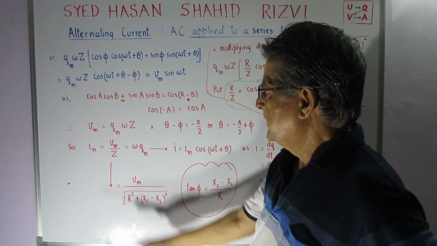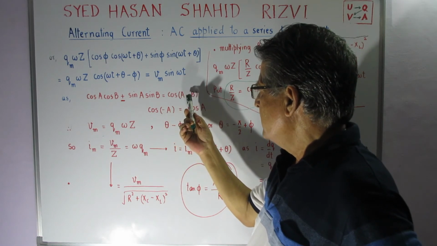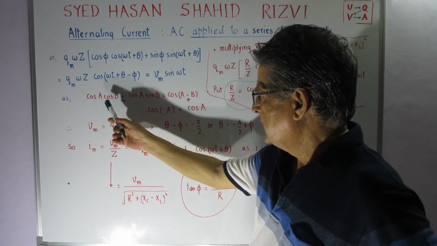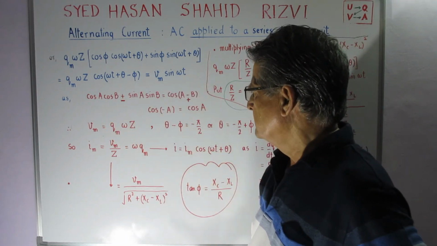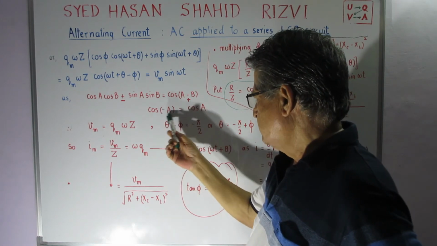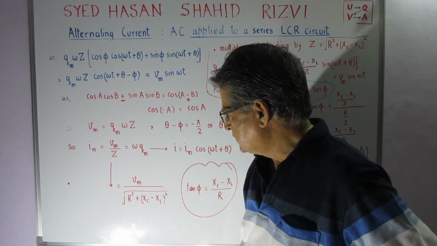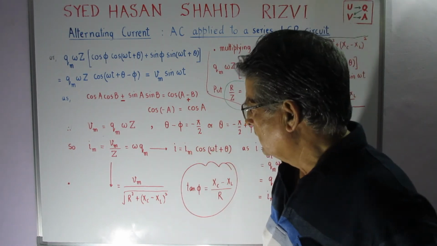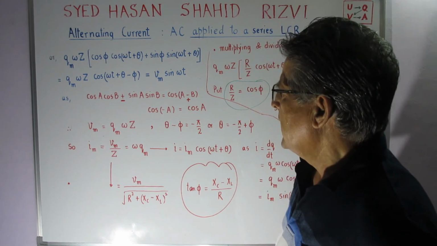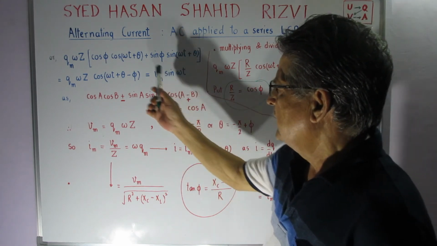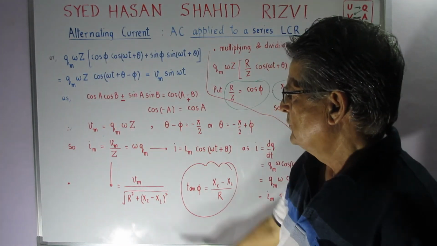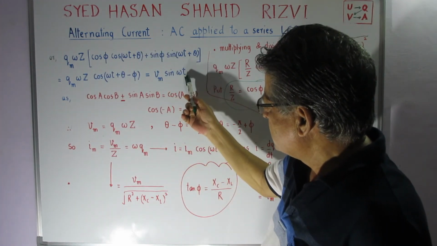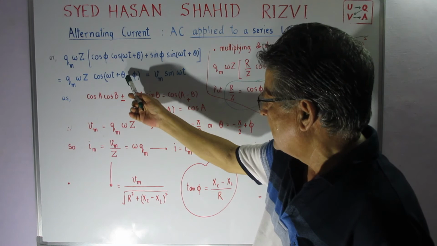This is so because cos of A minus plus B is given as cos of A cos of B plus minus sine of A sine of B. Also, we have to bear in mind that the cosine is a symmetric function, and therefore cosine of minus A is equal to cosine of angle A. So when we compare this side to that side, Vm turns out to be equal to qm omega z, and sine of omega t must be equal to cos of omega t plus theta minus phi.